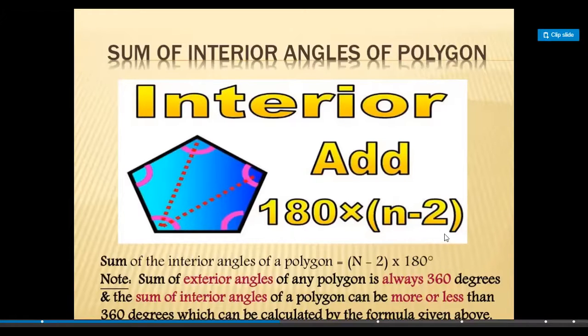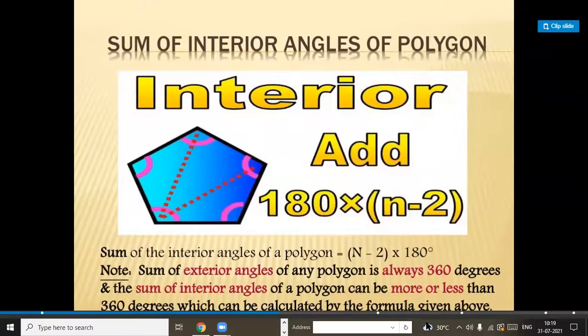If instead of 180 you write 90, the 2 that you have taken out of this 180 will be multiplied with this bracket. The formula will become (2n minus 4) into 90. Write down this one more formula. The formula is the same, but MCQs can be asked on both bases. Okay, (2n minus 4) into 90.